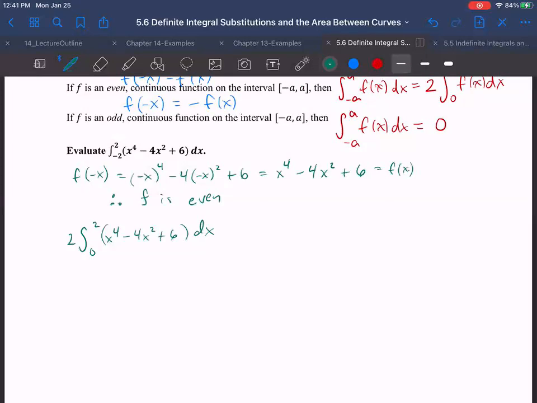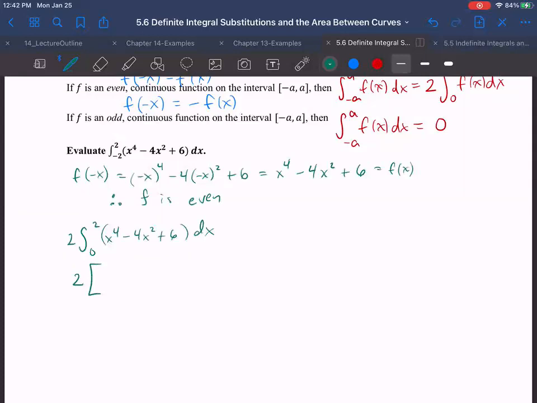I don't know if it's so much easier that it was worth checking it, but if you can eyeball these and you're certain if it's even or odd, then you don't have to go through that whole check process. I would have just eyeballed this one, or hopefully I would have noticed that this was even and done it. Otherwise, it's not going to be too huge of a difference. The one where it equals 0, that can save you a lot of work because you don't have to do anything.